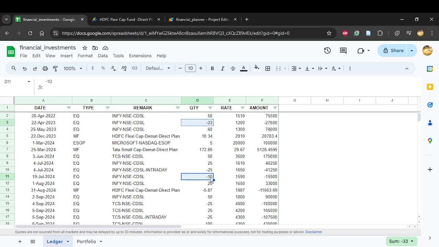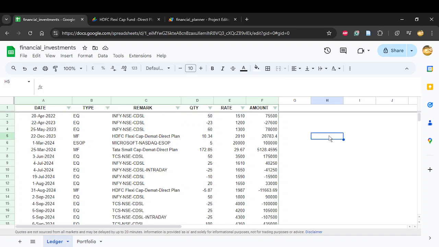So 33 shares we have sold, and these 33 shares will be offset from the first buy orders that we have placed. As you can see, the first buy order was of 50 shares at this price, so it can be used to offset these 33 shares.